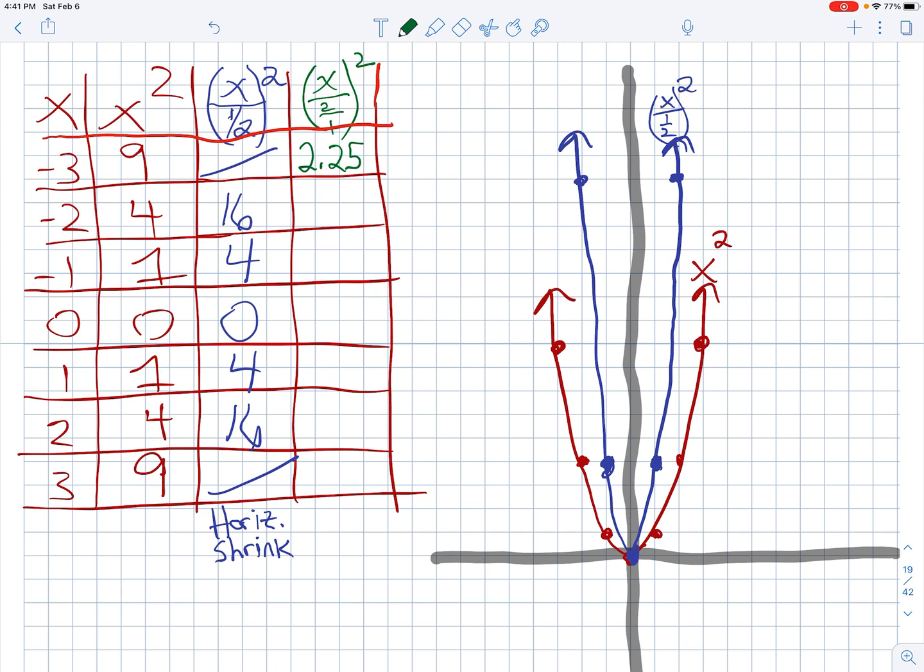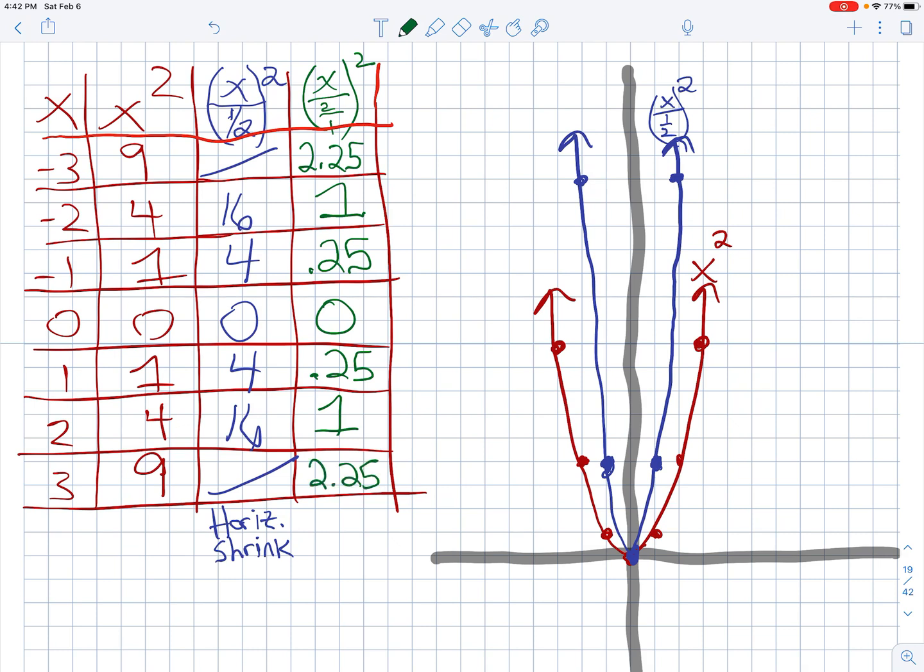Negative 2 divided by 2 over 1 is negative 2 times a half, which is negative 1, squared is 1. Negative 1 divided by 2 over 1, or negative 1 times a half, is negative 1/2, squared is 1/4 or 0.25.